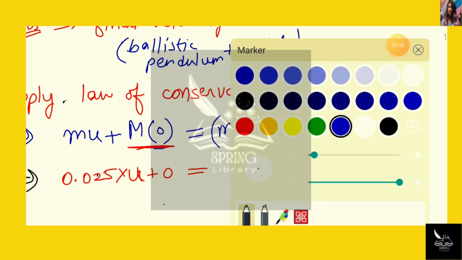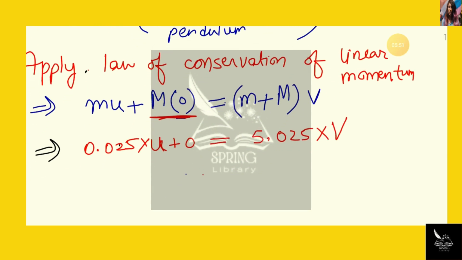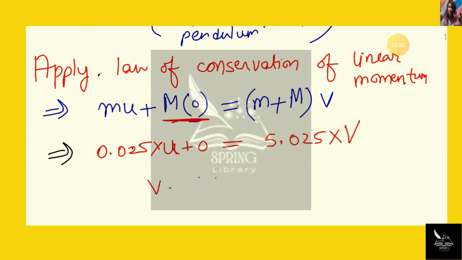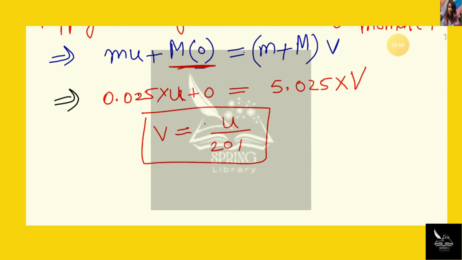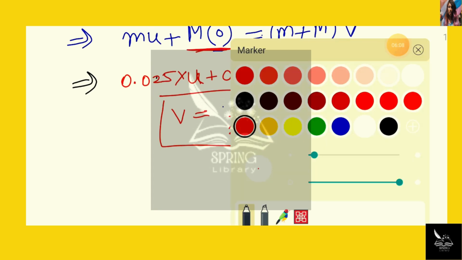After adding, the final value is 5.025 multiplied by v. Simplifying, I get v equal to u over 201. Now the next step is to apply the law of conservation of energy.